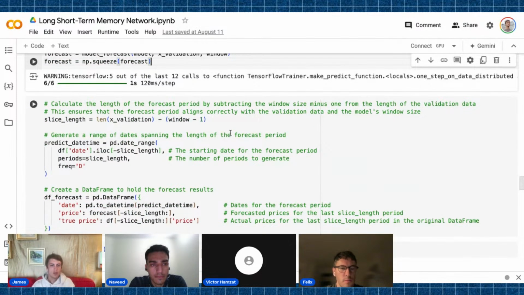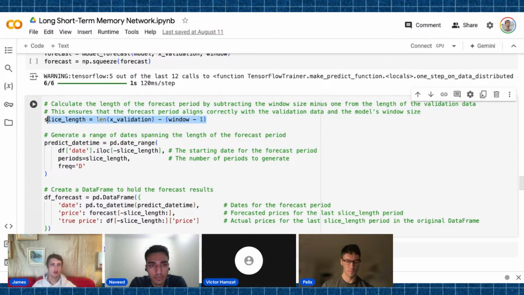This code here combines the true price data we have with the predicted price, and there's just a little bit of math we have to do here.